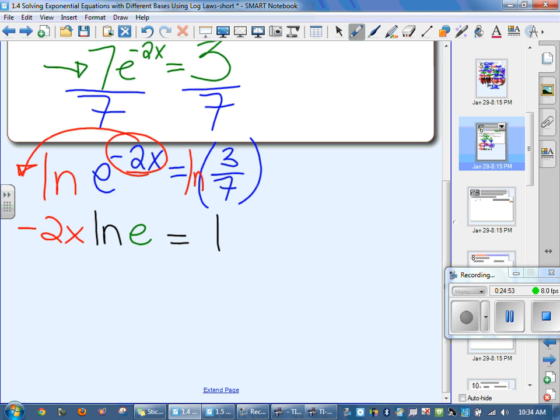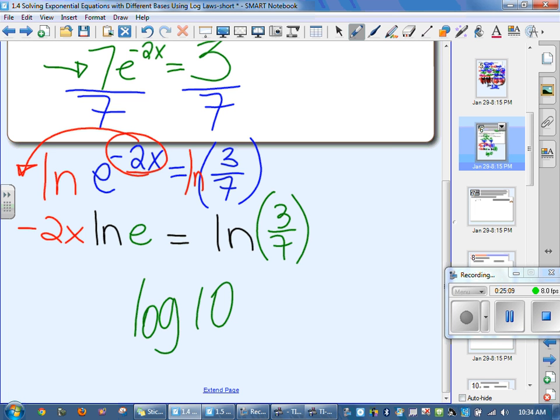Now, what do we know about ln e? It's the same thing as this. If I've got log 10, there's a hidden exponent 1 on that. What's hiding in my base? It's base 10. So when it's written like this, I can cancel my argument and my base, and my answer is the exponent.